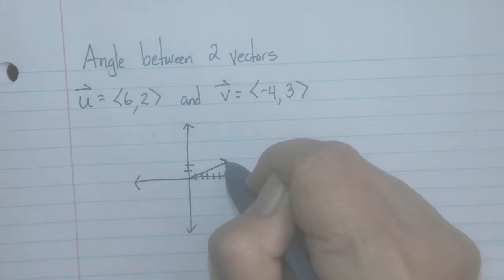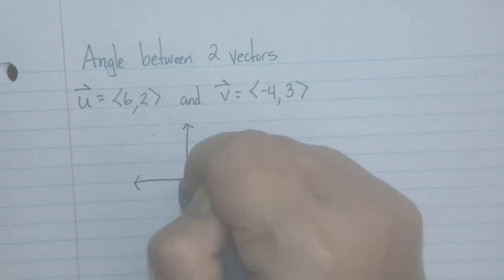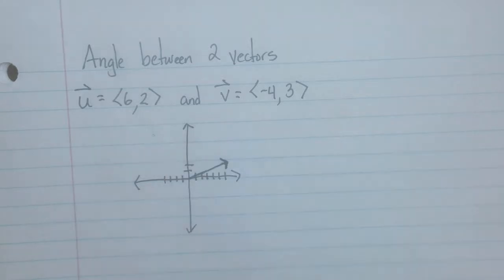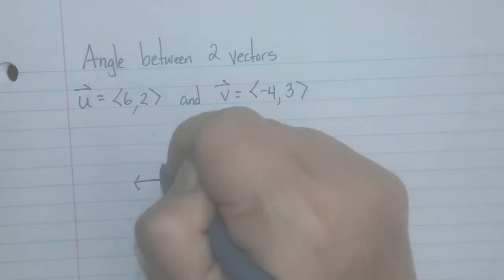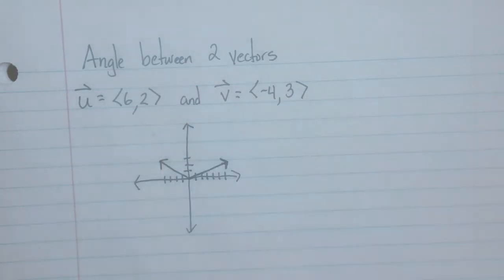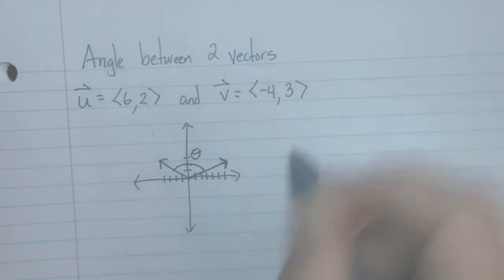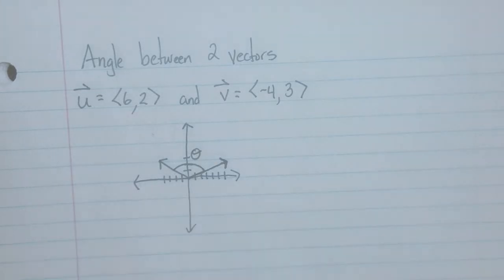So that's vector u going off in that direction. Then vector v has a horizontal component of negative 4. And a vertical component of 3. So there's vector v. And so when I am looking at the angle between two vectors, that means we're looking for this angle here. We're going to label our angle with the variable theta. So that's the thing that we're trying to find. That's what we want to know.